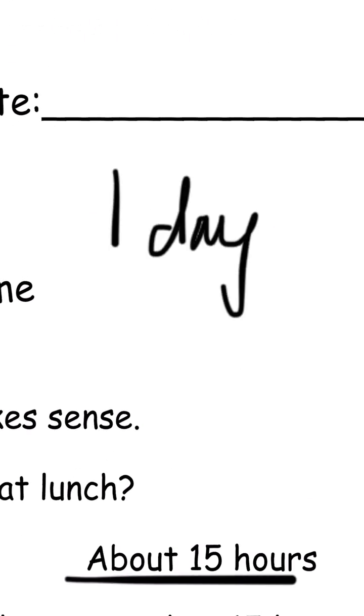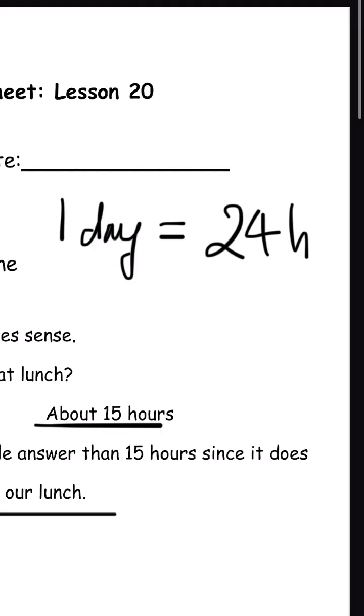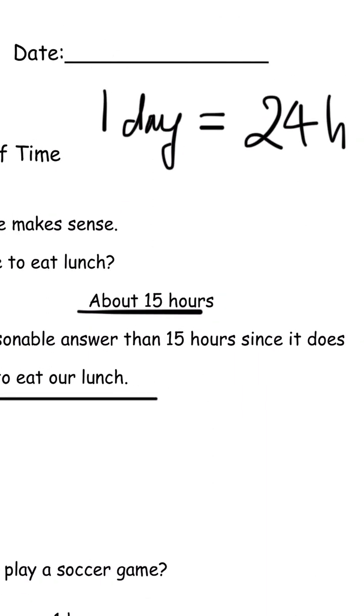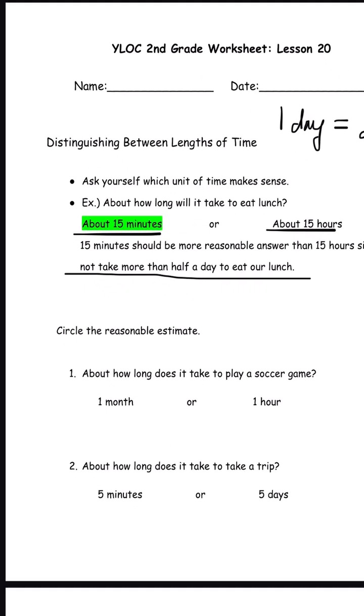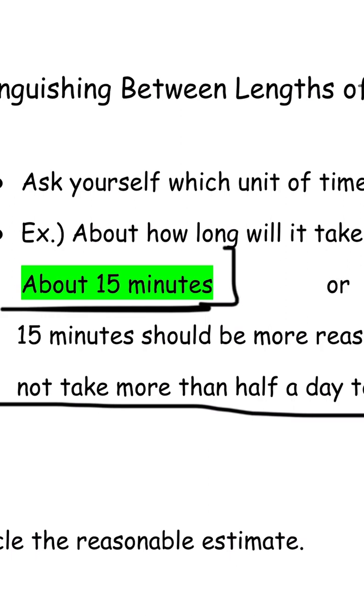For one day, there are 24 hours, right? So 15 hours is more than half a day, which means we wouldn't eat our lunch for 15 hours straight, right? So 15 minutes would make sense.